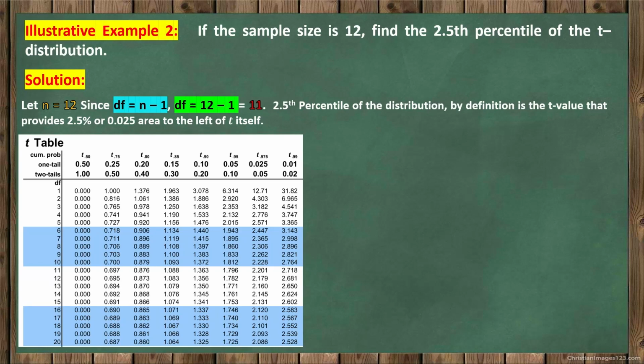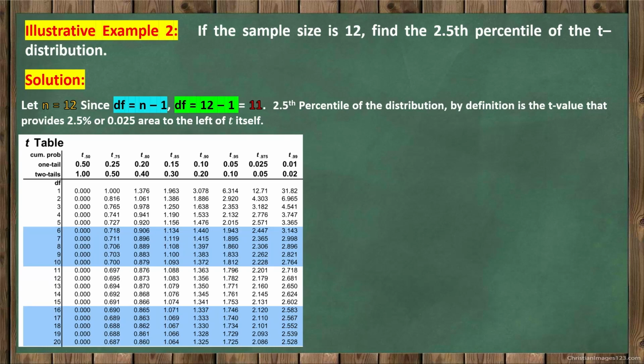Note that the 2.5 percentile of the t distribution by definition is the t value that provides 2.5% or 0.025 area to the left of itself. So with degrees of freedom of 11 and the area equal to 0.025, we are now able to find the t value using the t table.